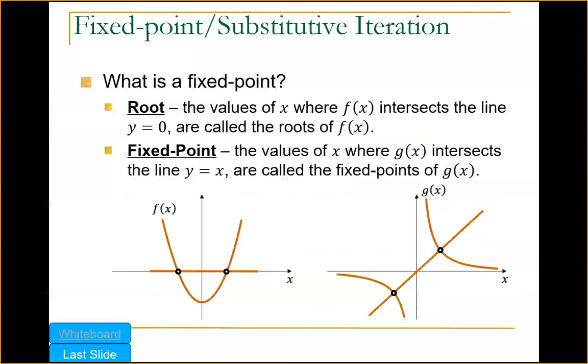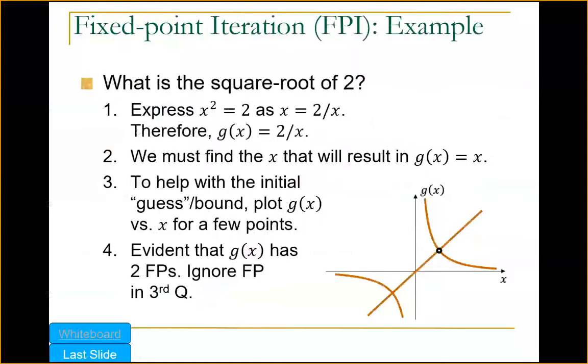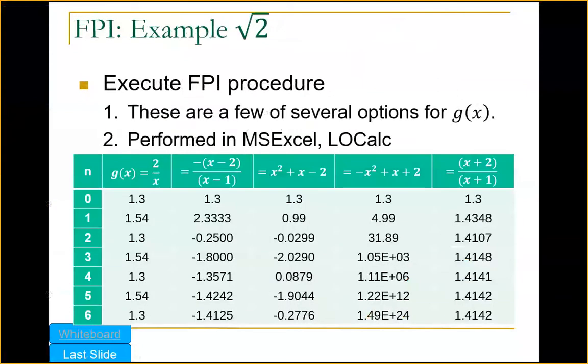So let's go back to a whiteboard case. Can we do the same problem? X equals the square root of 2. Let's see. Alright, we're going to do x equals the square root of 2.